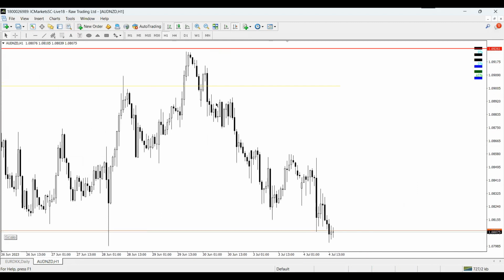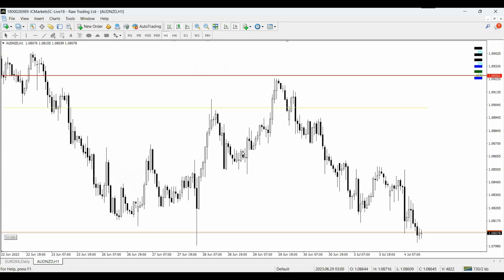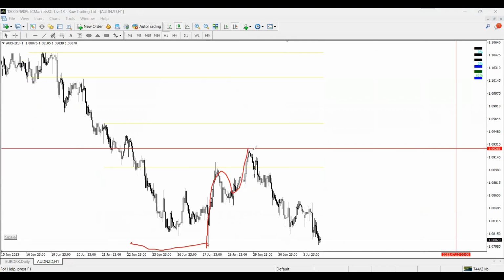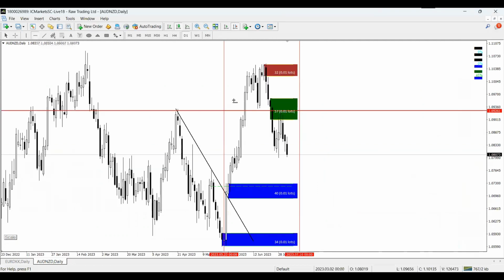You see, after testing, that was just a reaction. Price took orders from the newly made supply. Why is it the correct supply? Because it removed, or broke, the previous support level, this one.